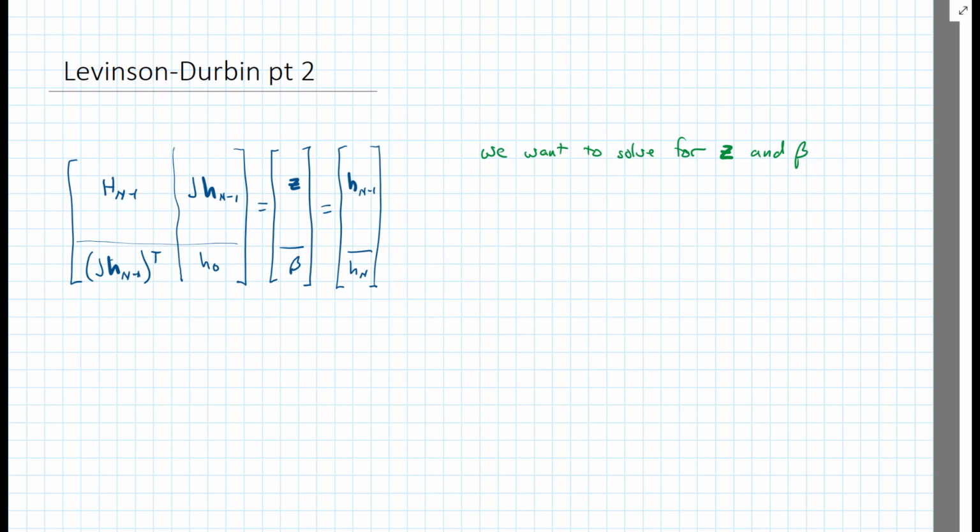So we can now take our partitioned matrix equation and write things out. From the upper left partition, we have H_{n-1} multiplying z, and then we have plus J h_{n-1} multiplying beta, and that will be equal to h_{n-1}.